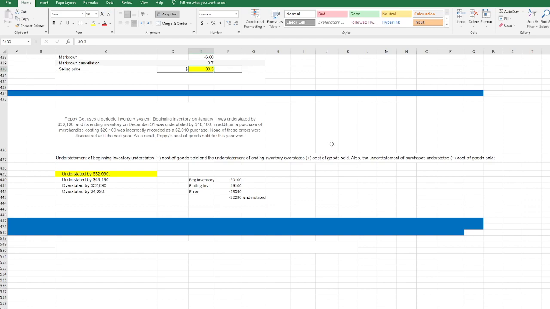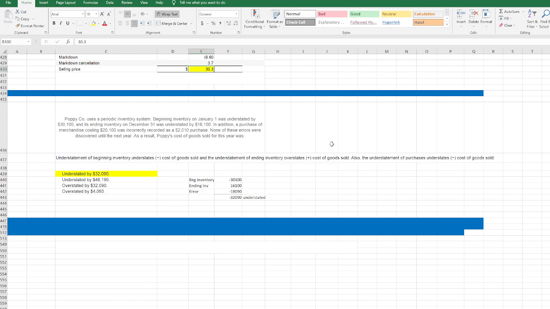Inventory errors can be difficult, and hopefully I will have remembered to post, made myself a note to post, a great slide on inventory errors that would be very helpful just to have on hand during the exam. So Poppy uses a periodic inventory system, and clearly they need a new inventory accountant because January 1st was understated by 30,100.